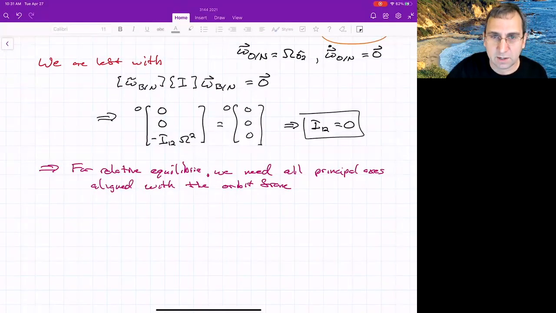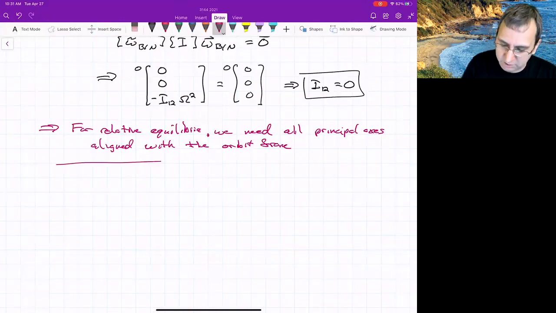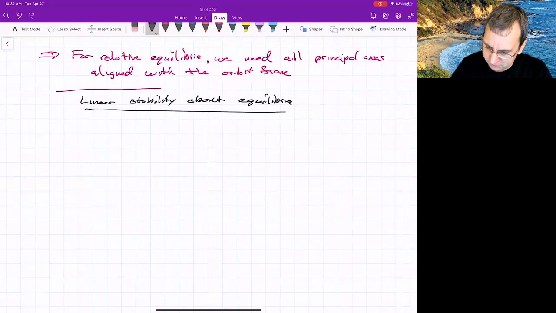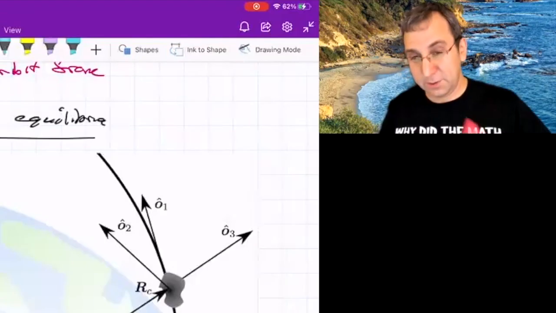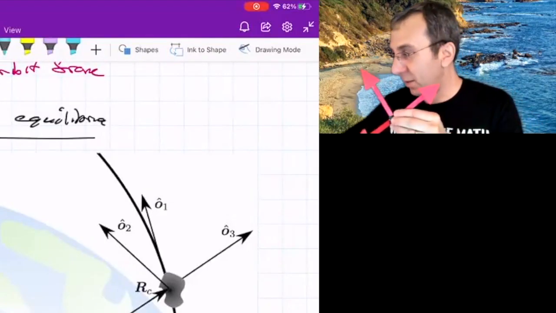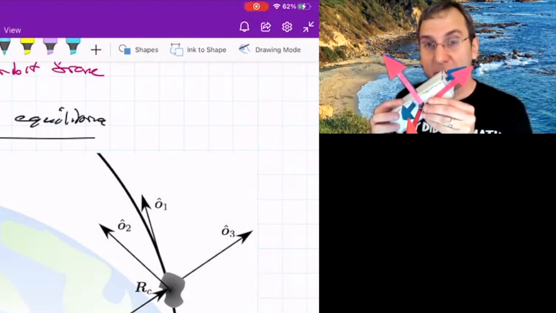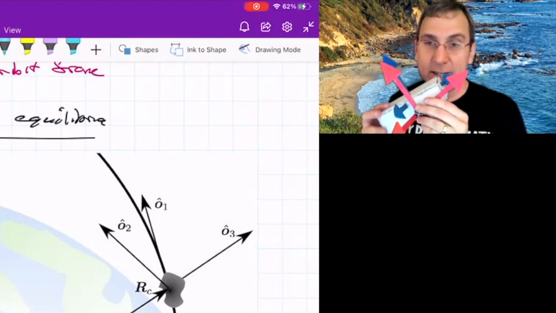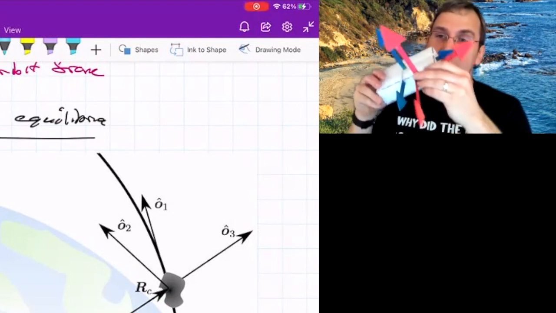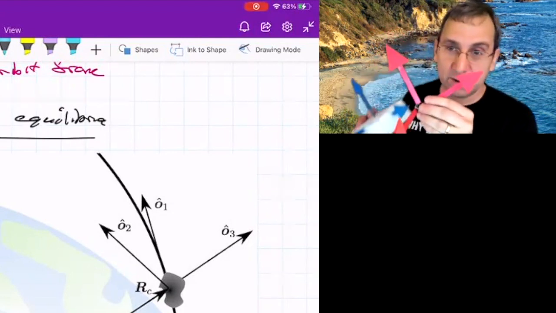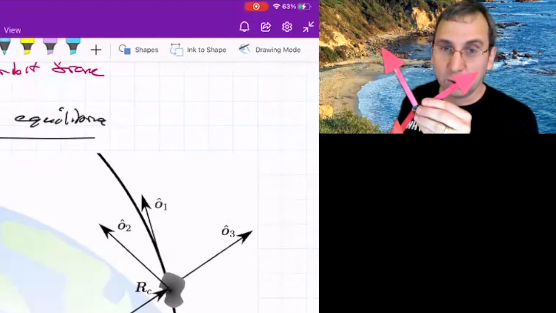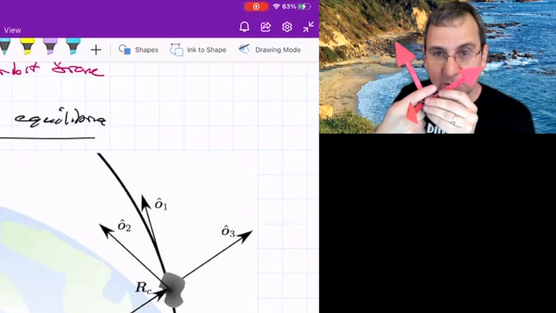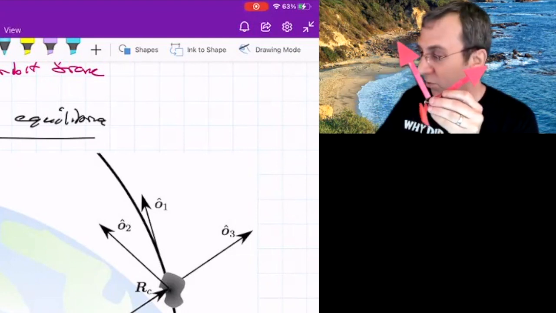So this would be the next thing, which is linear stability about these equilibria. Let me just bring in that picture of the orbit frame. For this orbit frame, we could describe the orientation of the body using yaw, pitch, and roll. It's not the convention that we've seen where Z is down. We're using this orbit frame, but still roll is going to be about O1, pitch will be about O2, and yaw is about O3.